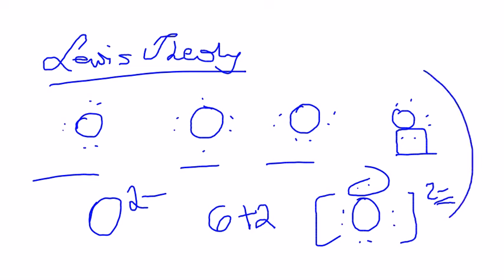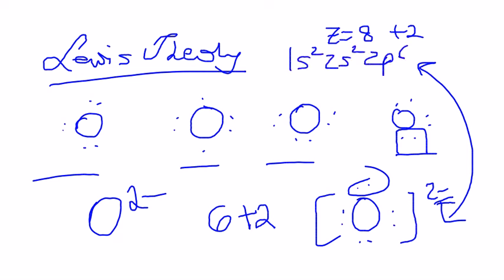If you had to show that the electronic configuration way, you would say that oxygen has Z of 8, and now you have added 2. That means you're writing the configuration of neon. So it's going to be 1s2, 2s2, 2p6, the orbital diagram of which is going to be up and down for the 2s, the 2p singly filled, and then doubly filled as well. So it's a complete octet.